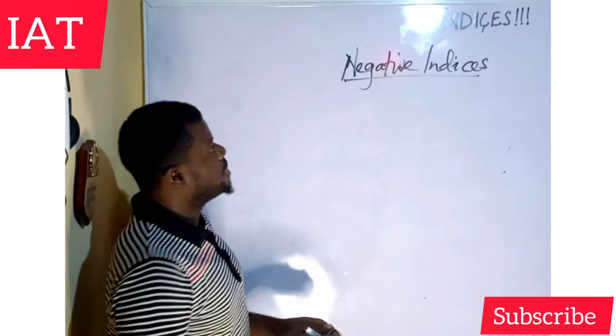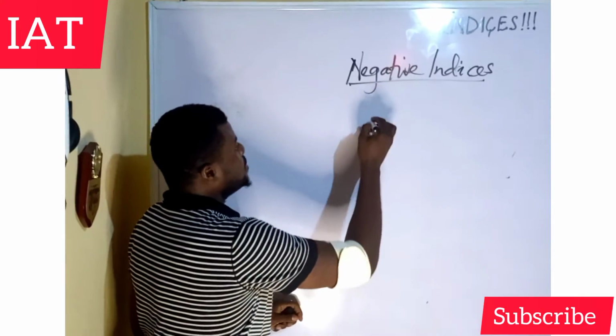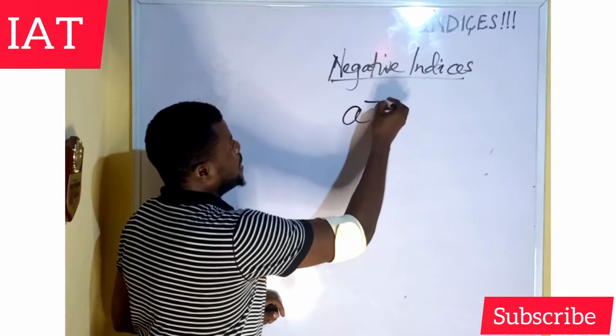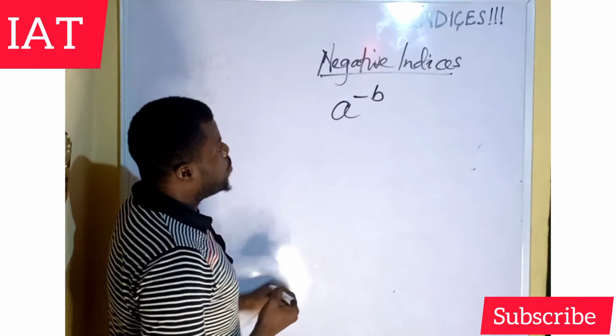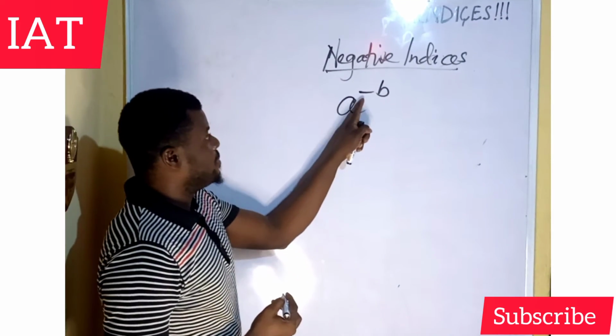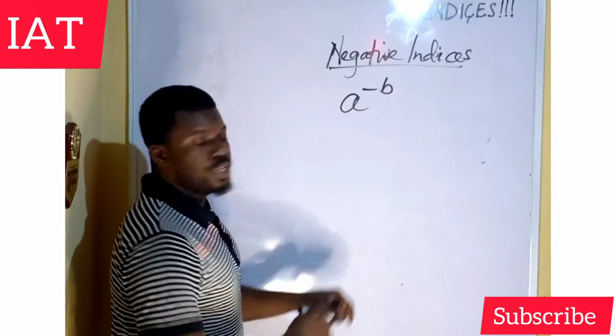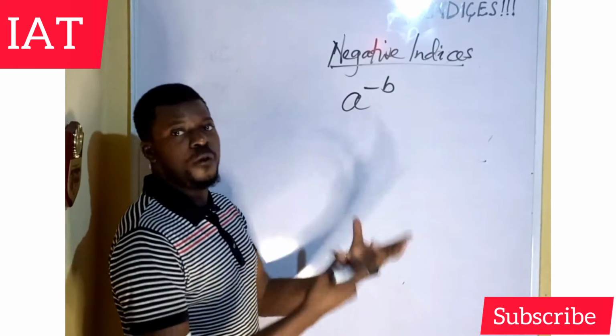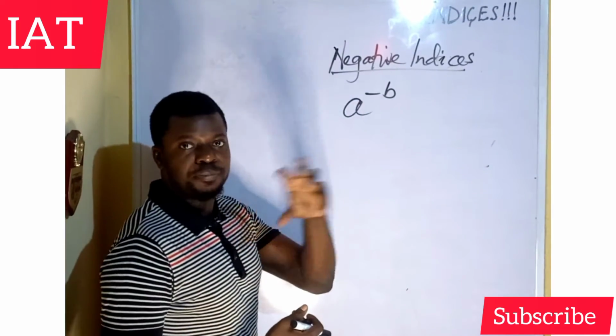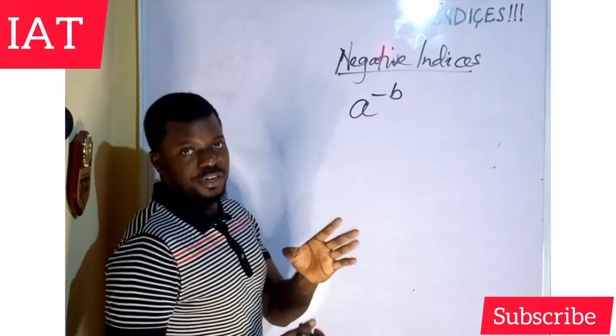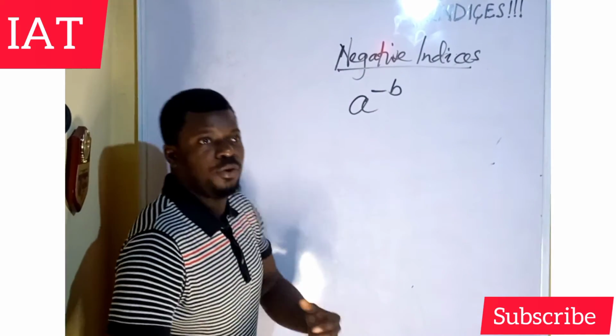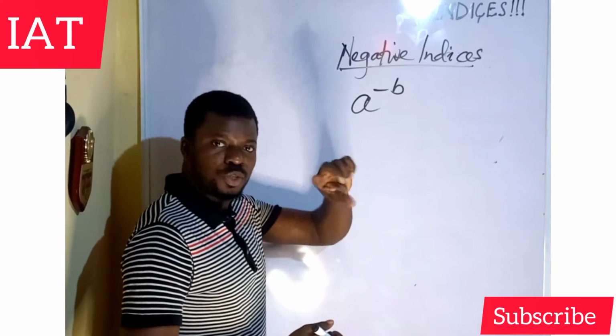So when we talk about negative indices, for instance, if you have a to the power of minus b, what is the implication of this negative sign? The negative sign will transform to what we call the reciprocal or the inverse. What do we mean by reciprocal or inverse? It means flip, turn it upside down.